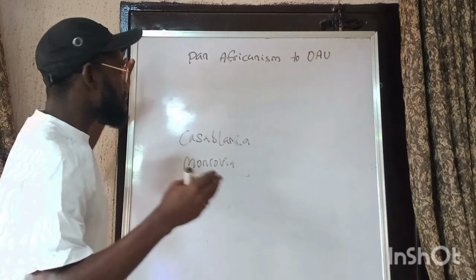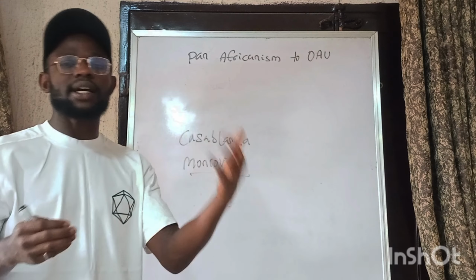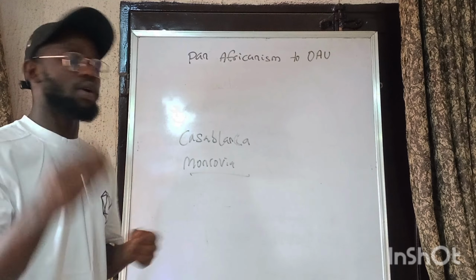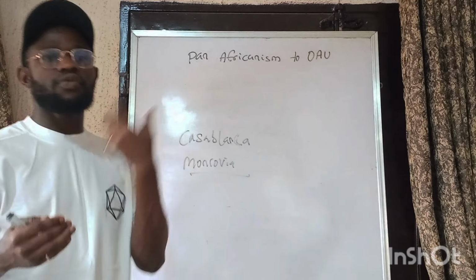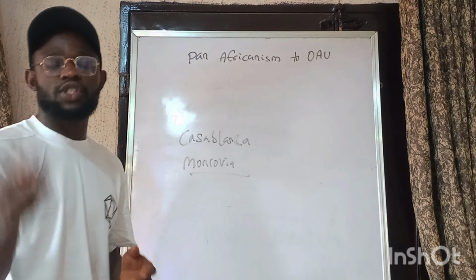Besides the three questions I mentioned before, they will ask you, what country spearheaded the Casablanca bloc? Ghana. What country spearheaded the Monrovia bloc? Nigeria. Casablanca believed in a radical process, while Monrovia believed in peaceful negotiation.